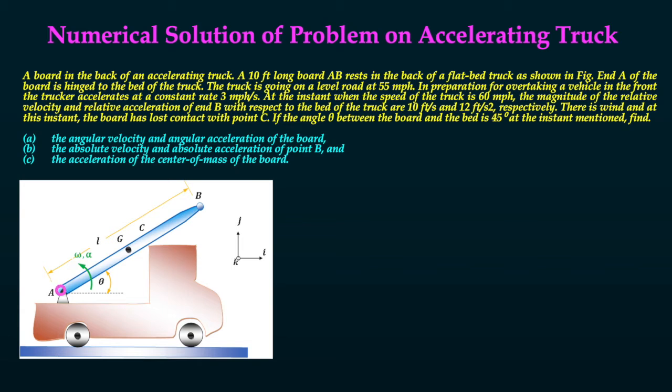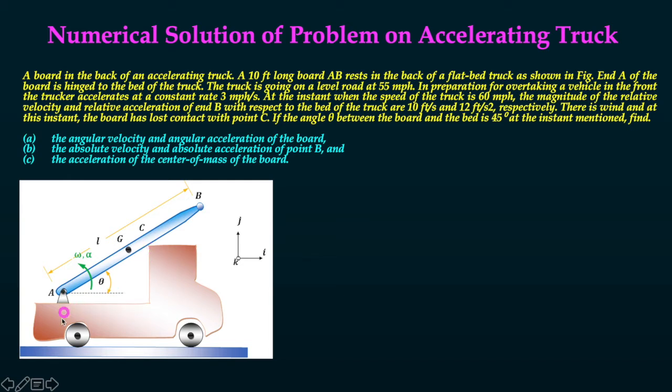A pin joint is there. Pin joint means a rotation is possible, but this point A cannot move. But the ladder AB can rotate with respect to point A. And it is simply supported at this end. We have studied what is a pin joint and simply supported. It is simply supported here.